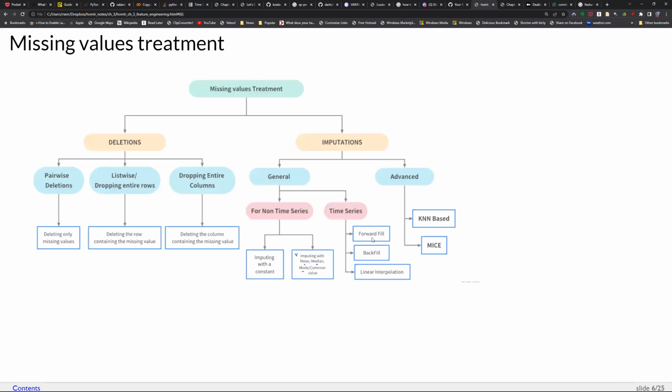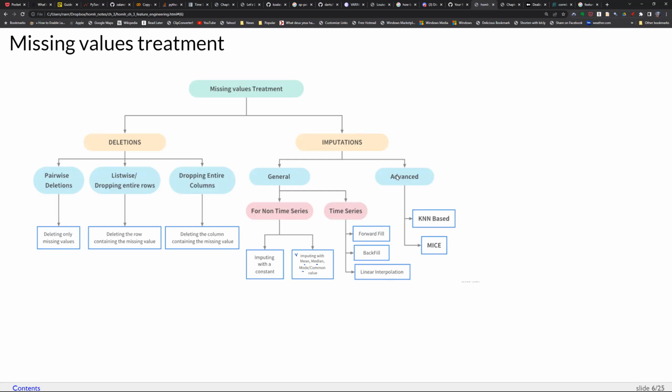Okay, so that's a forward fill. The backward fill is the reverse. The next value that is not missing is going to be imputed to that missing value. And also you can use interpolation techniques. This one we're not going to see here because it's more on the subject of time series.